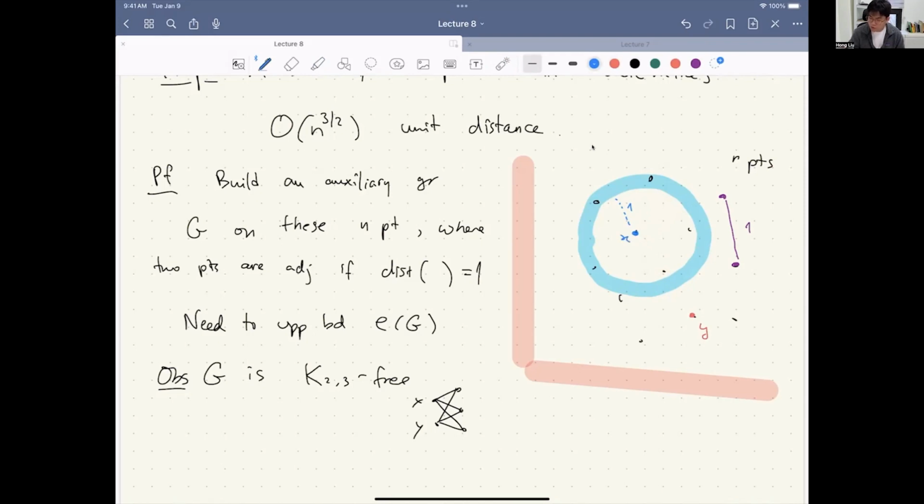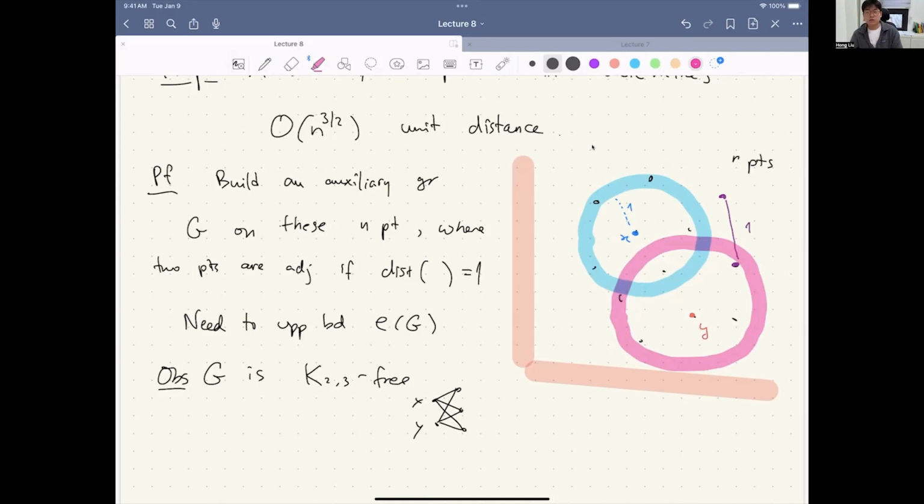All its neighbors lie on this red circle.